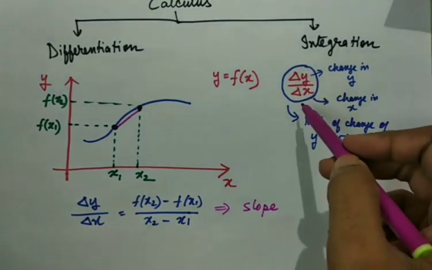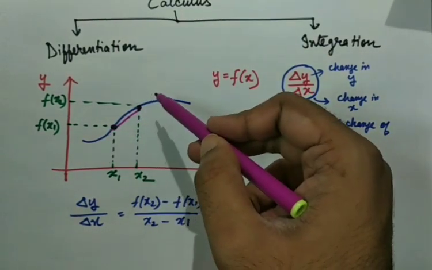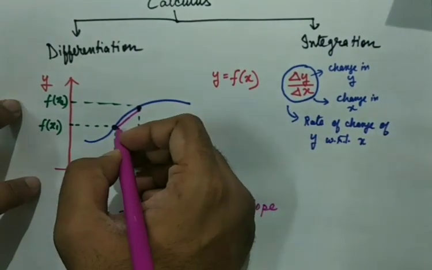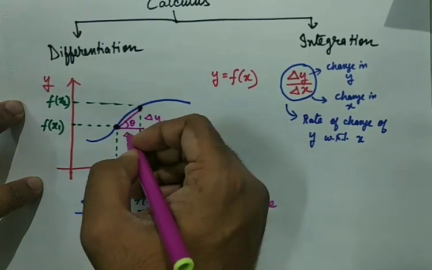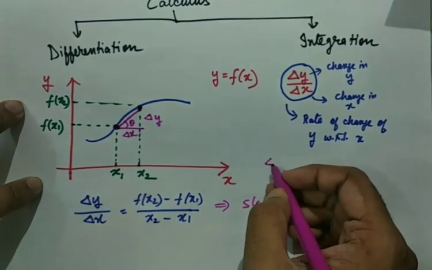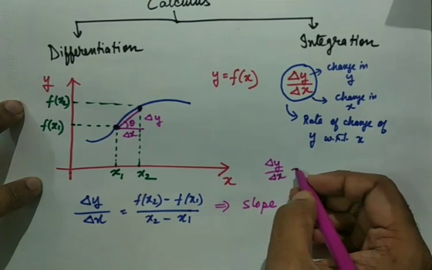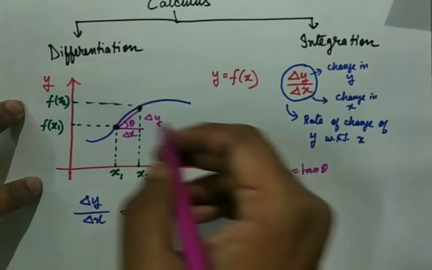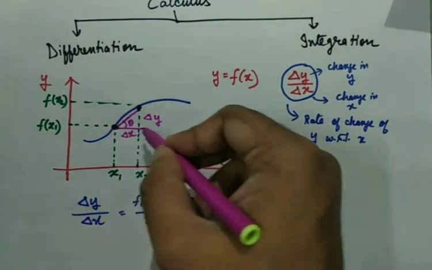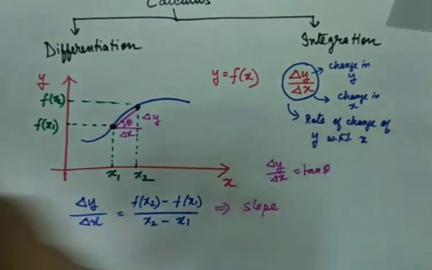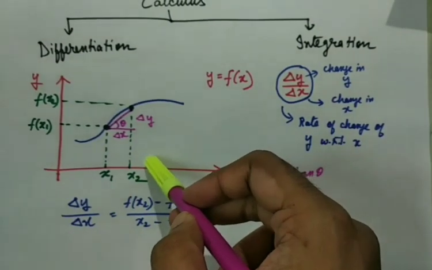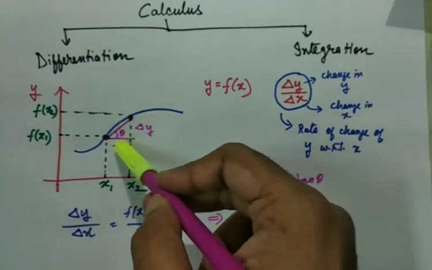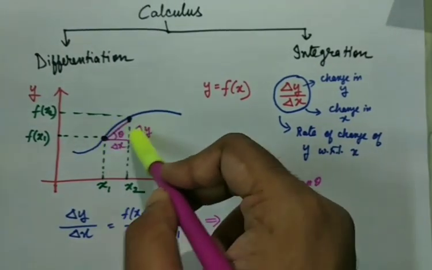So delta y by delta x is actually the slope, because if this is theta, this is delta y, this is delta x, delta y by delta x is nothing but tan theta, the tangent of the angle that this line is making with the x-axis. So this is a gross change from x1 to x2. That is the net change.